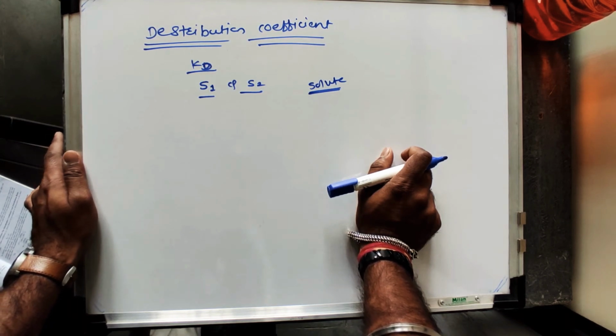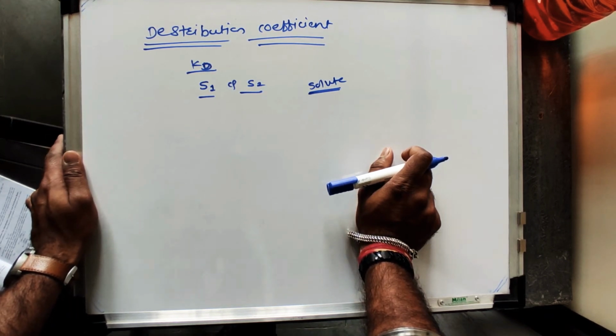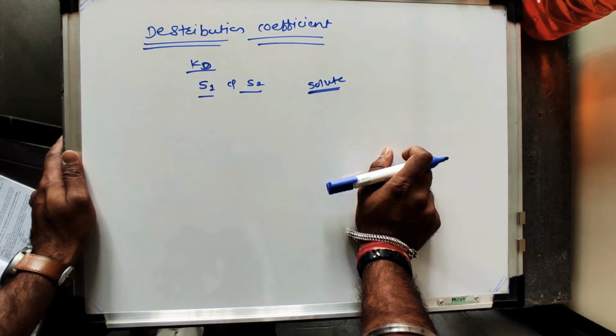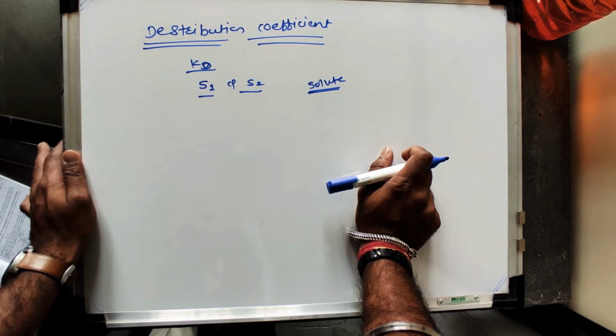When a solute distributes itself between two immiscible phases in contact and in equilibrium with each other, the ratio of concentration of the substance in the two phases is constant at constant temperature. It's called the distribution coefficient, right?